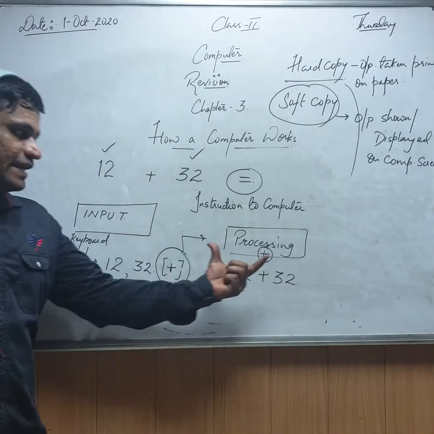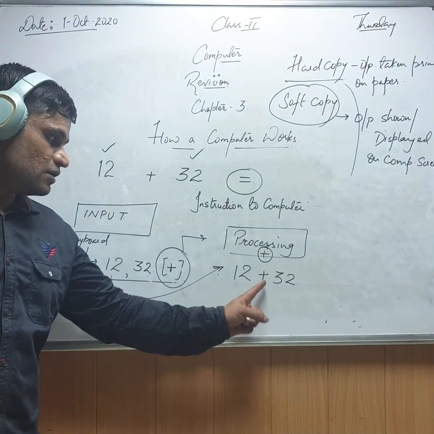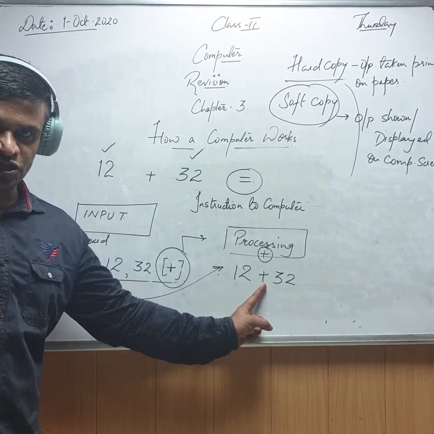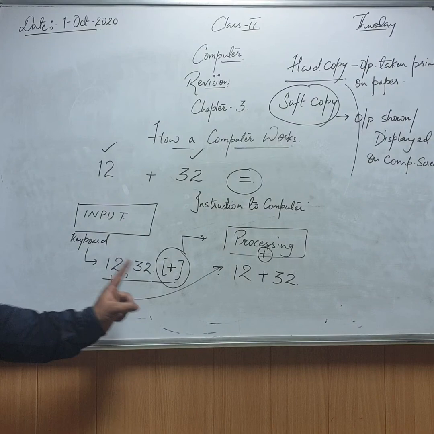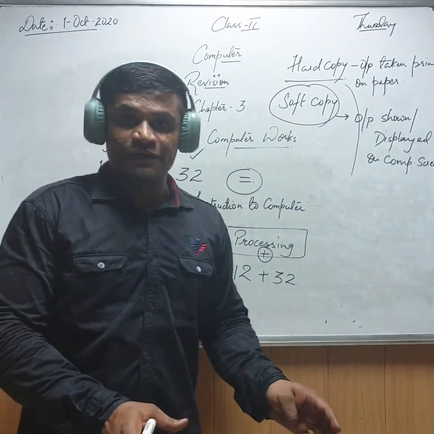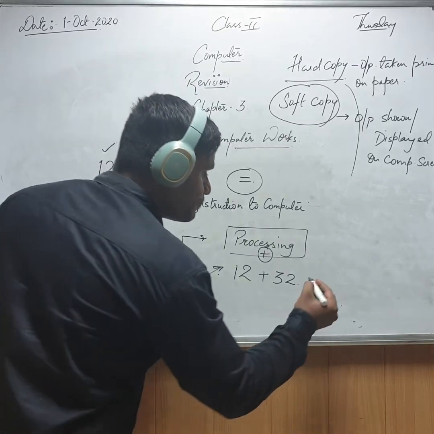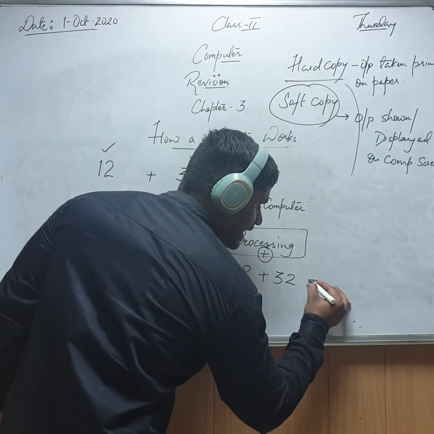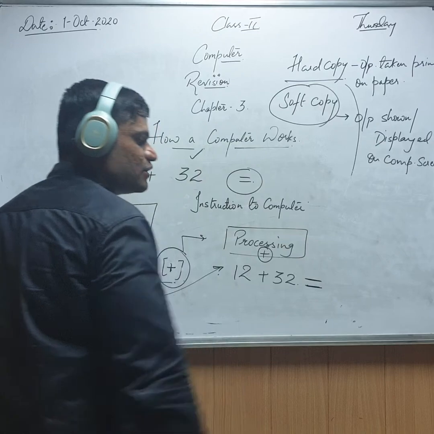This is the instruction received by the computer. He has to add two numbers given by the user. Then after adding, what does he have to do? He has to provide us the sum, which we are asking for by using the equals to sign.